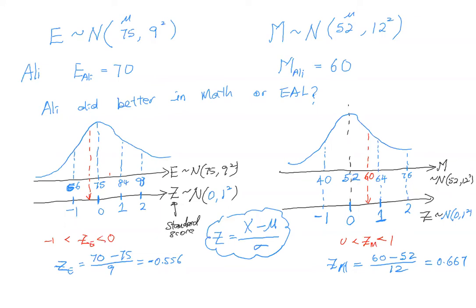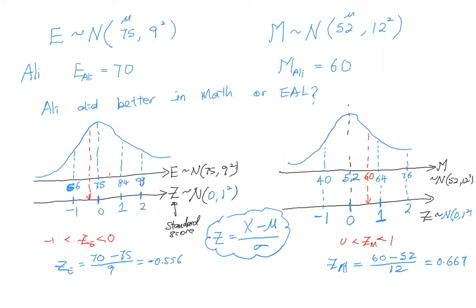Are you okay? Okay, look. Without a graphing calculator, you count the Z score. You can show the performance correctly. But with a graphing calculator, can I also use another way to show that Ali performed better in math than in EAL?